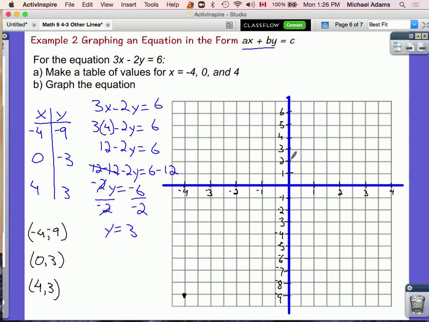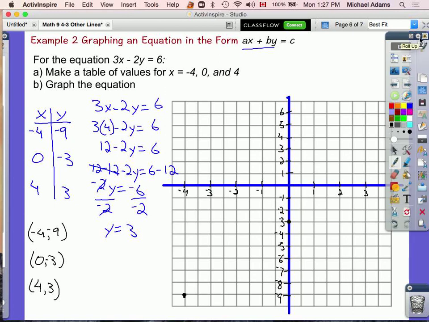Oh, I think I made a mistake, should be a -3. Yeah, sorry, this is supposed to be a -3. Yeah, so 0 and -3, and 4, 4 on the x-axis and 3 on the y-axis, and there we go.